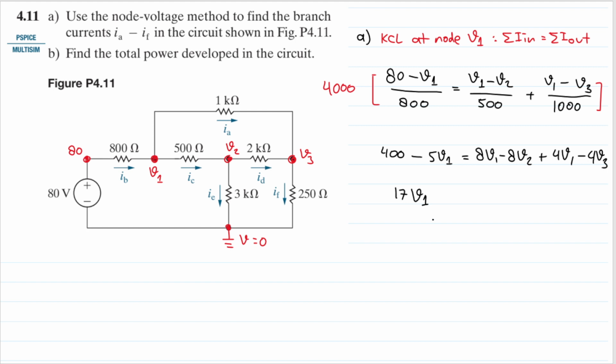And then we only have V2 here, so we'll have minus 8 V2, and then minus 4 V3.